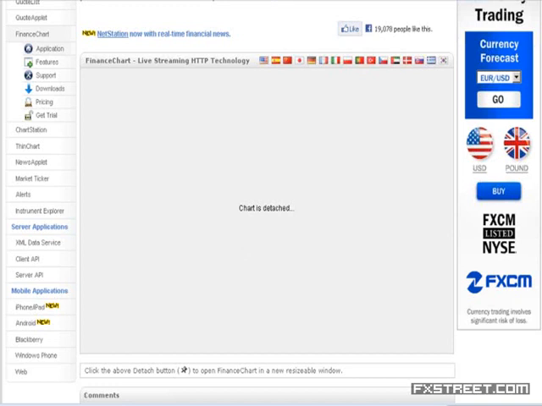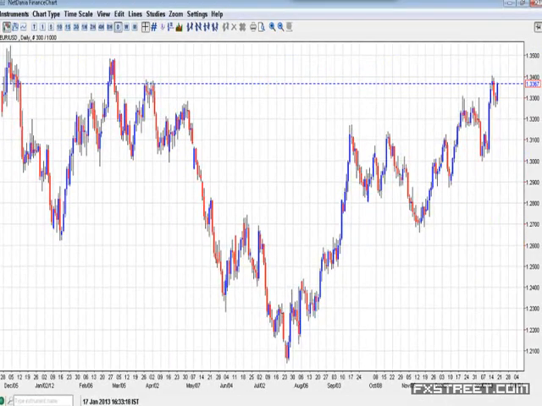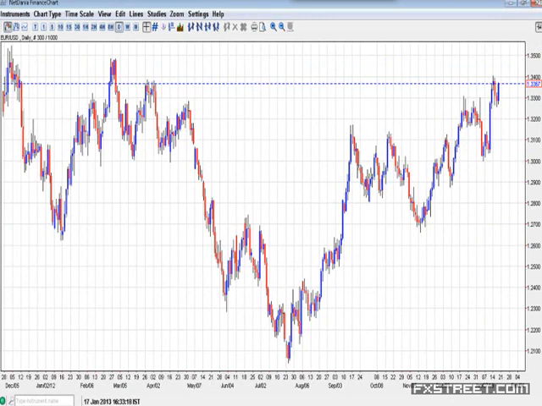So this is the chart. It's an excellent charting software. It's free software, and it's live data, and you have some excellent facilities on it, as well as a large number of financial instruments.